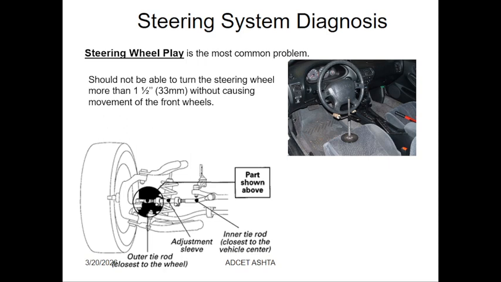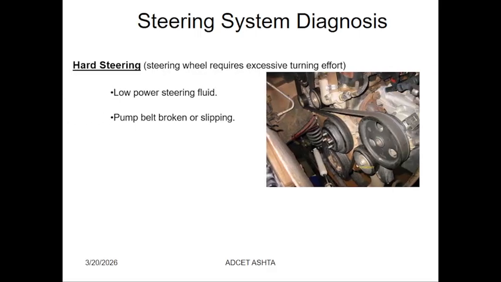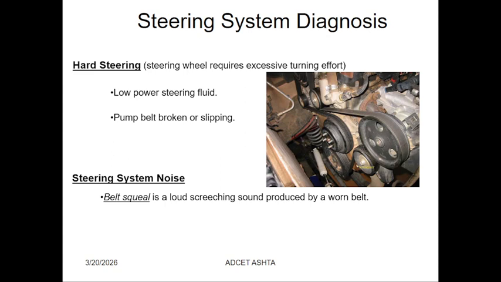The tie rod closest to the vehicle center has an adjustment sleeve which is helpful for this movement, and the wheel should have no side to side play. Hard steering requires excessive turning effort, caused by low power steering fluid and a broken or slipping belt.